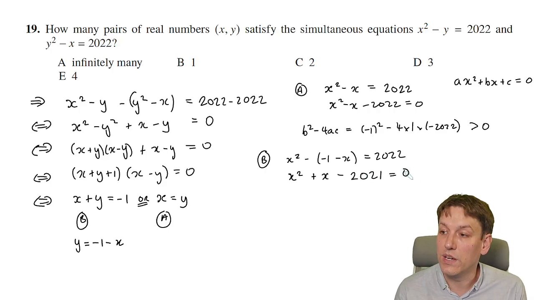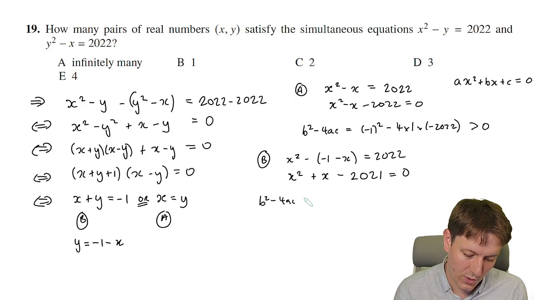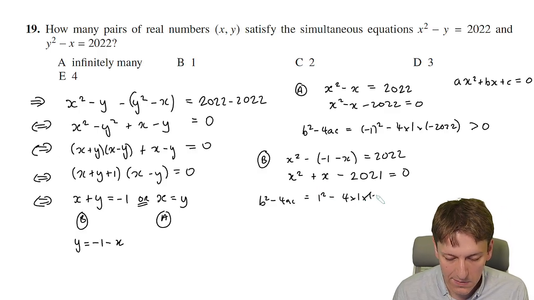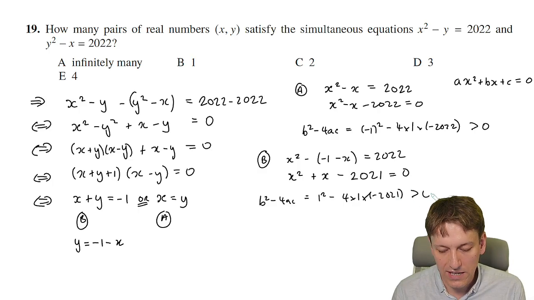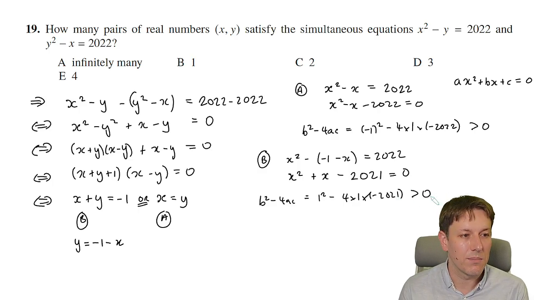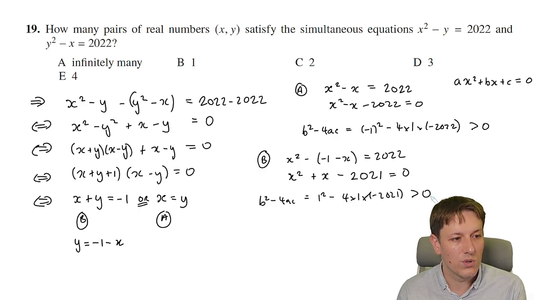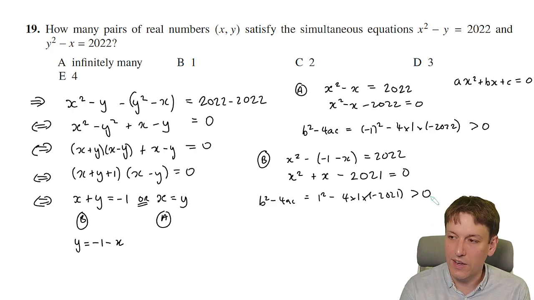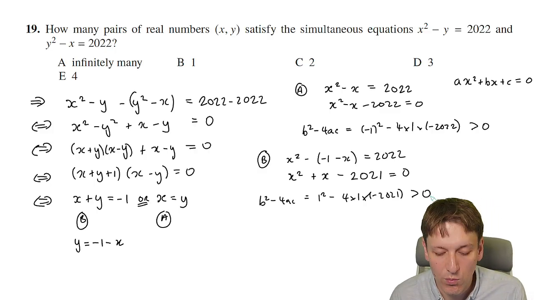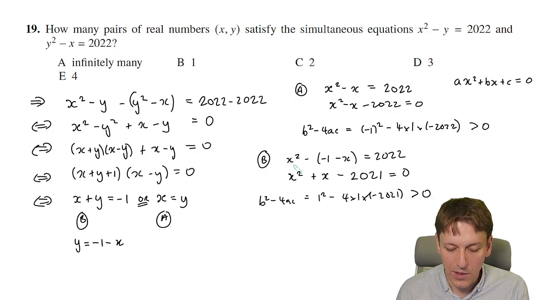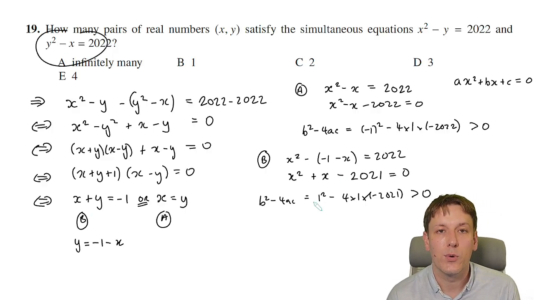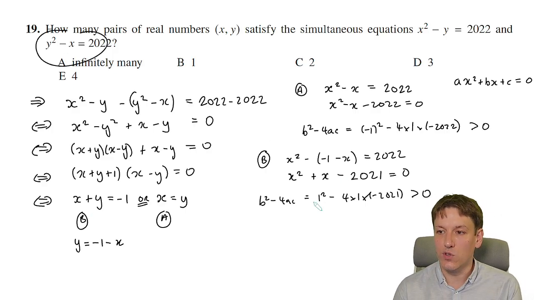And again, we're going to see that b squared minus 4ac is equal to 1 squared minus 4 times 1 times minus 2021, but all I really care about is that's greater than 0. So I am going to get two roots out of each of these, and these roots really will then satisfy these equations when paired with their equivalent values of y. You can check that actually substituting into this equation in case b gives you exactly the same quadratic equation as well if you want to.